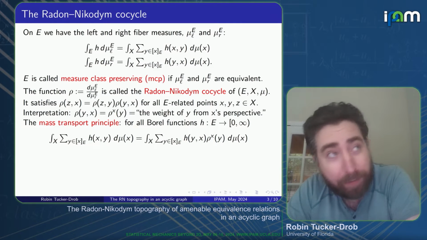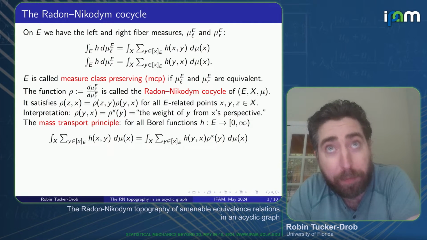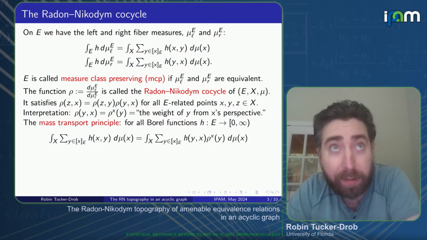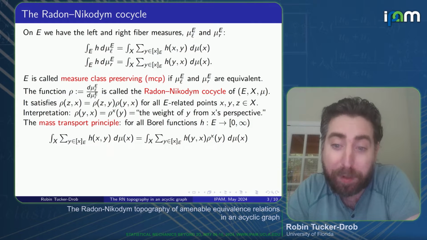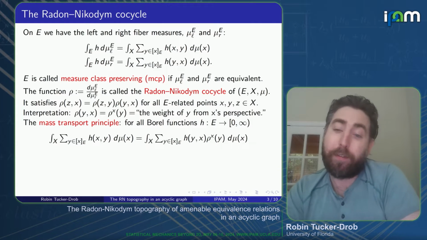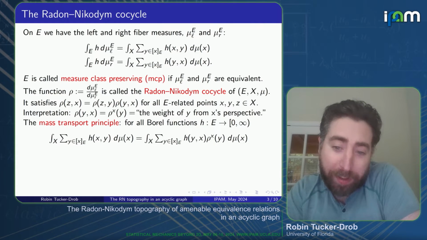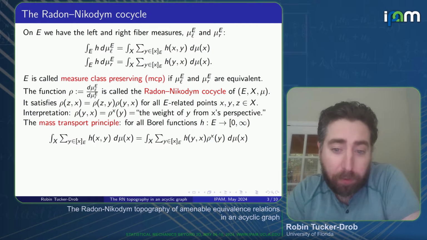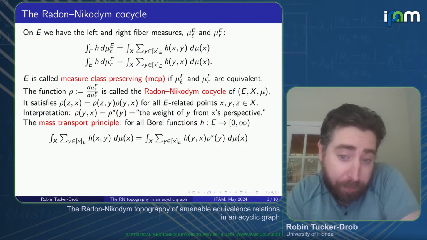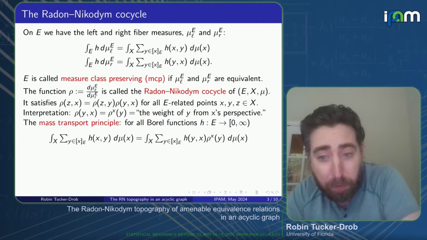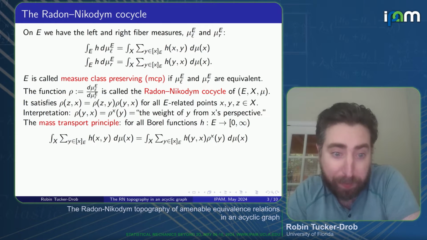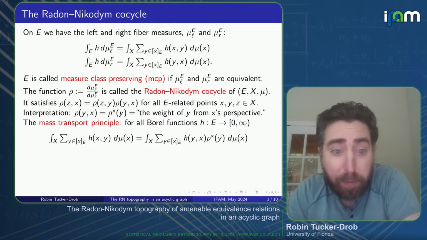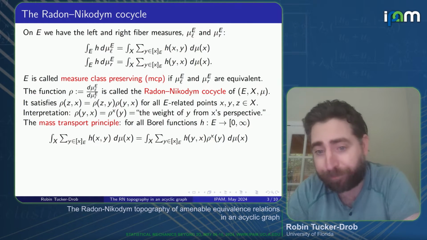So now we have to adjust to get back to x's perspective, which is why we have to multiply by rho x of y. We have to adjust by how much x thinks y weighs. All right, and so the integral on the right is the expected mass received from x's perspective. Since we're multiplying by this cocycle, it actually does give it now from x's perspective. And so the mass transport principle just says that the expected mass sent out equals the expected mass received.